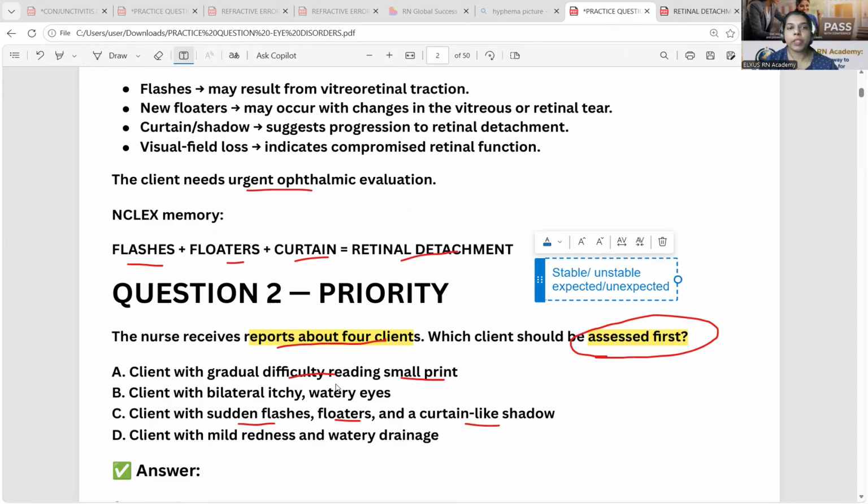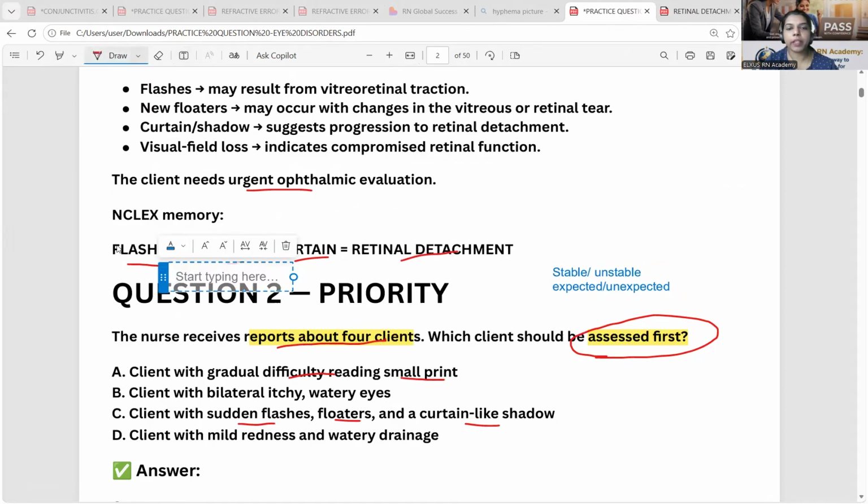So we can analyze option one. It is about the client with gradual difficulty reading small print. Those who have diminished vision may have difficulty reading small letters. So it is not an unexpected or unstable situation, and we can eliminate option A. The second option, the client with bilateral itchy watery eyes, can be an expected or mild symptom.